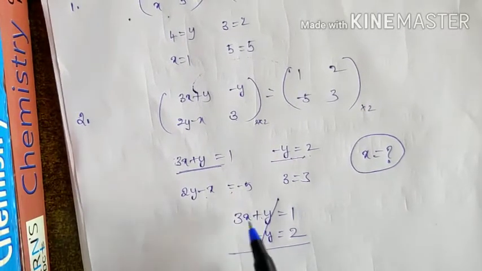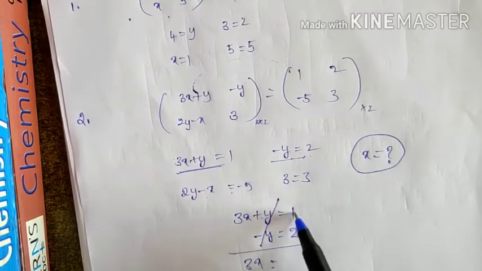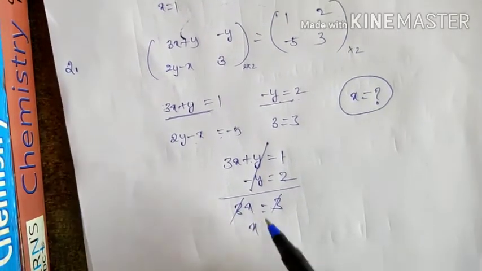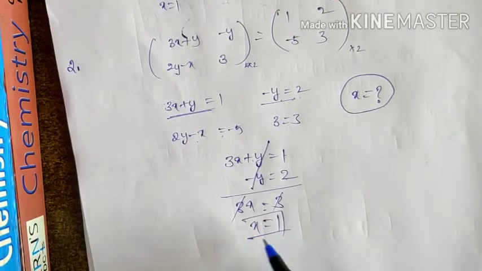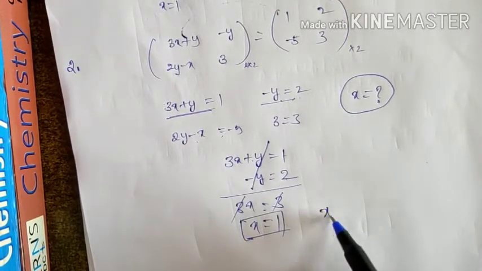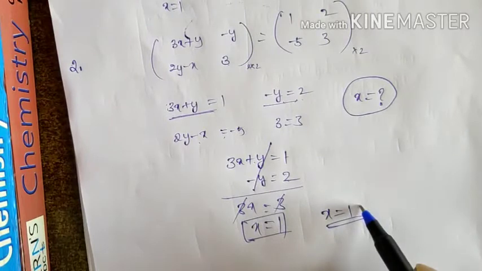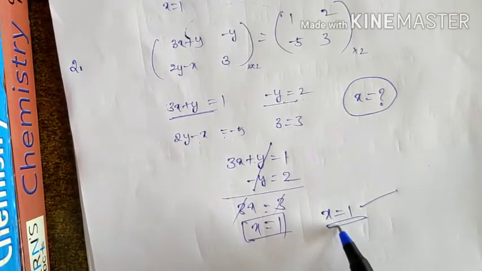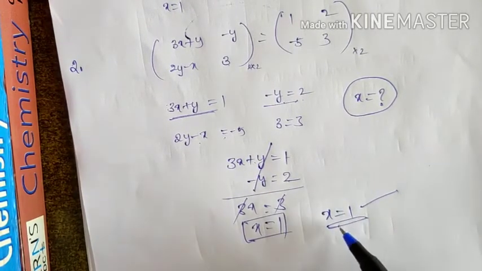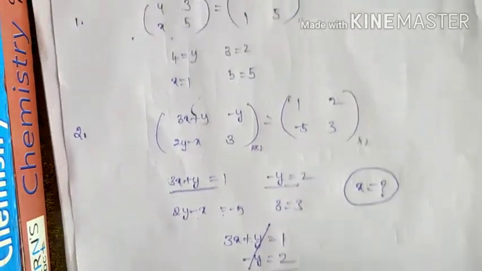These two are cancelled, then 3x is equal to 1 plus 2 is equal to 3. 3 is cancelled, then x is equal to how much? Only 1. The question is asking x is equal to how much? Find the value of x. So x is equal to 1.